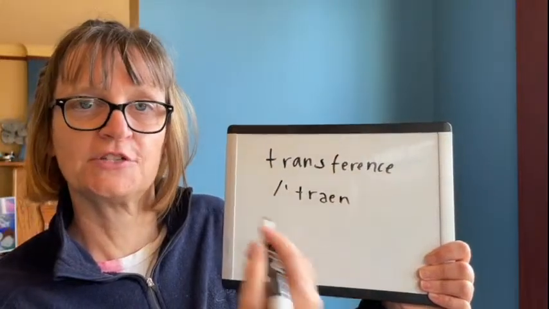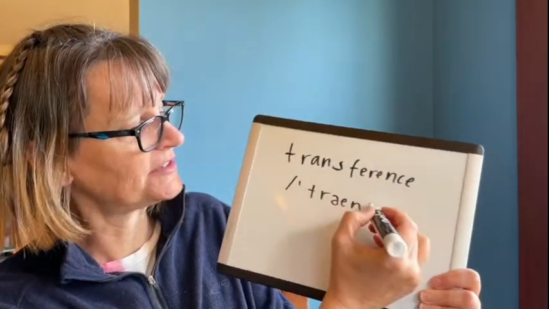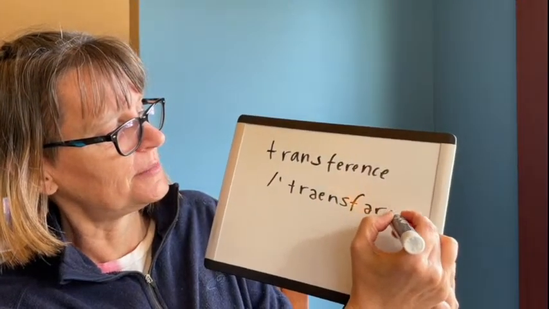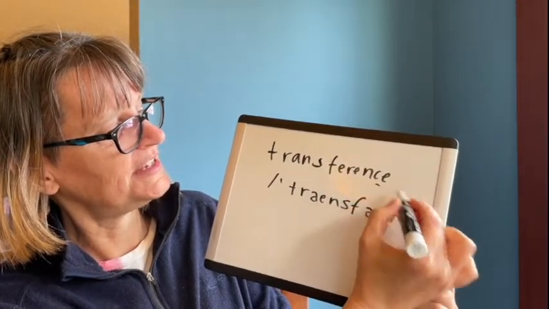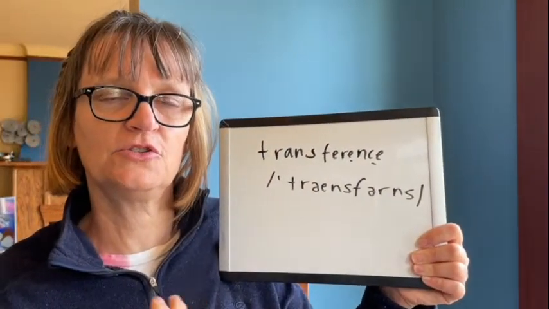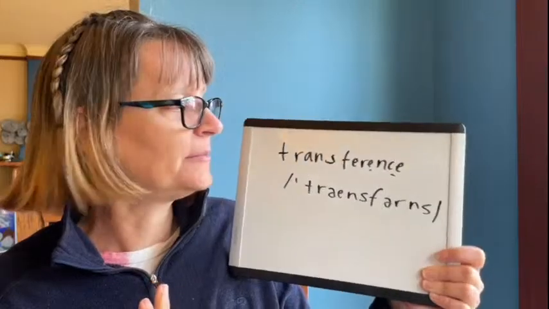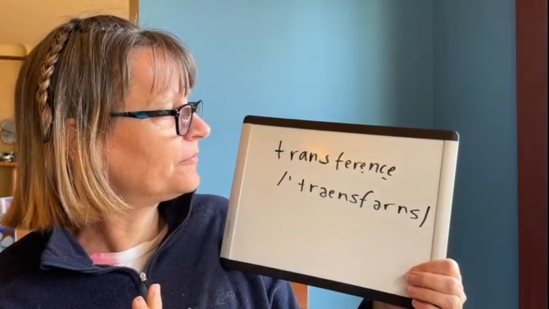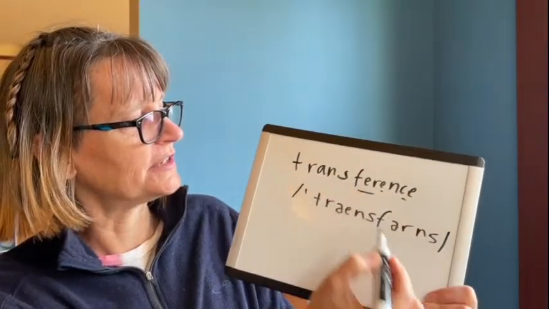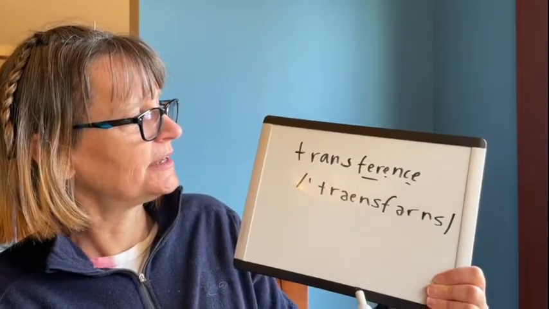Just like in transfer, the letter S that makes an S sound here. Ference. And then we have another CE that says S. This last E, we don't really do transference. Yeah, I actually think we can do transference or transference with middle syllable stress.